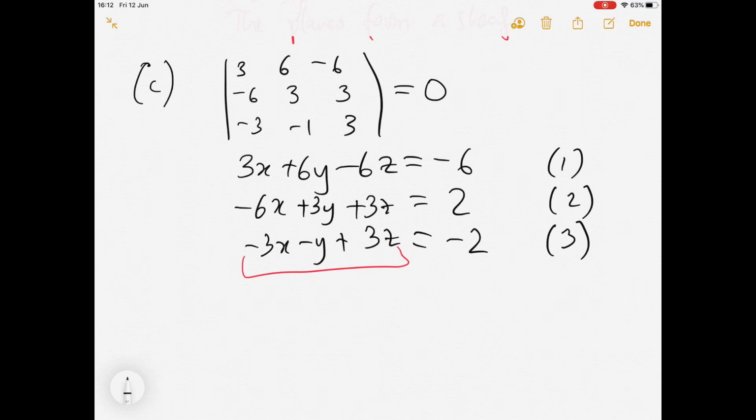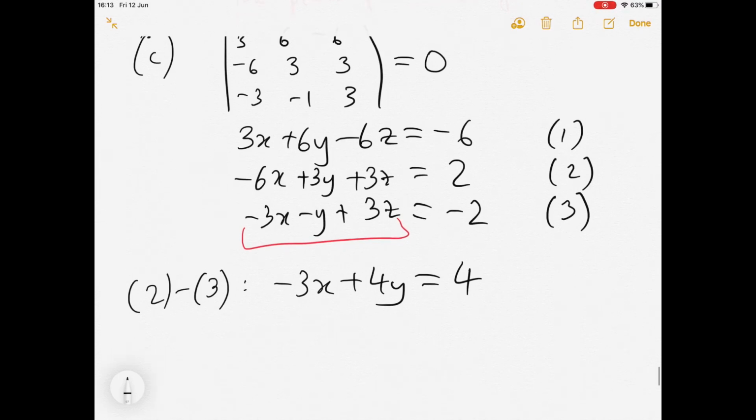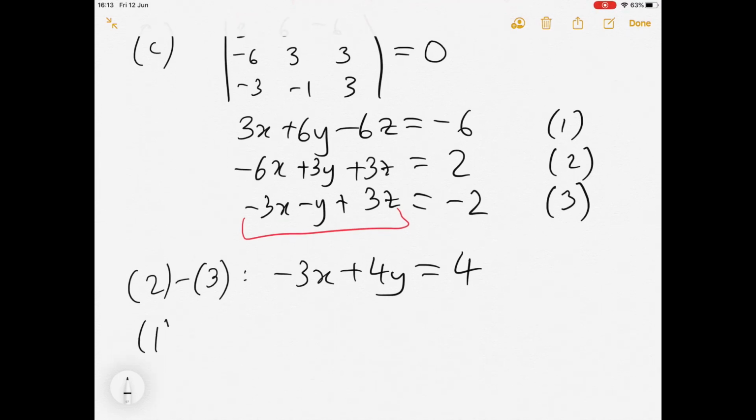Let's eliminate z again. So if we do 2 minus 3, we get minus 3x plus 4y equals 4.